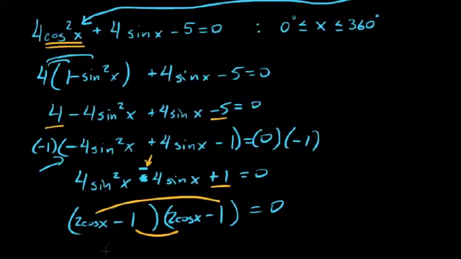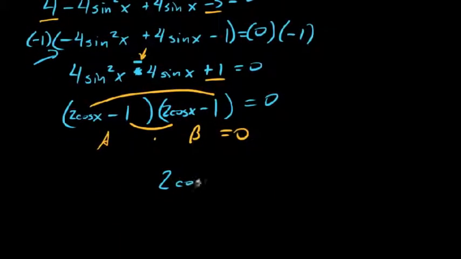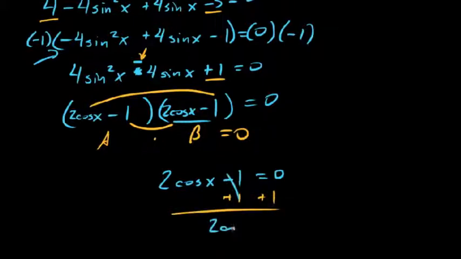Since this is factored, in essence it's like saying a number a times a number b equals 0, therefore one of them is 0. We can set each of these individual factors equal to 0. So 2 sine x minus 1 equals 0. And as a matter of convenience, we don't need to set the other one equal to 0 because it's identical. So we add 1 to both sides. Therefore 2 sine of x equals 1.